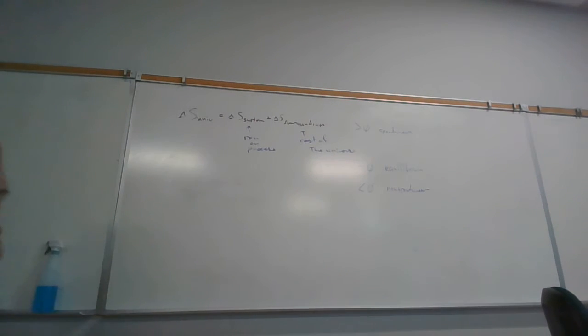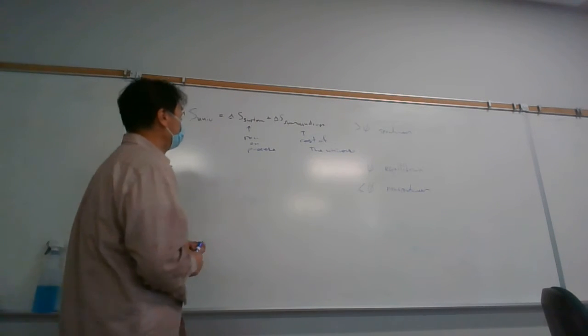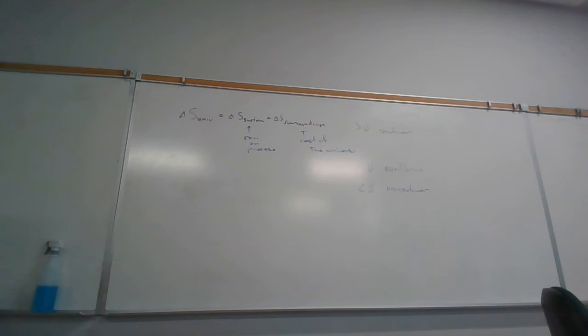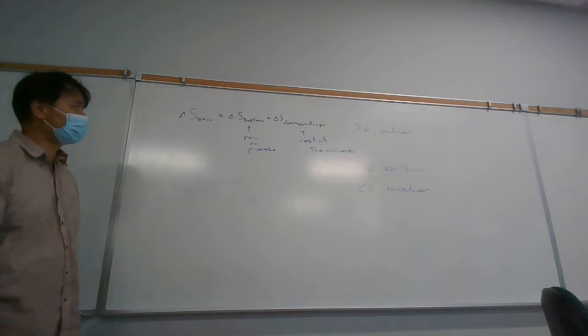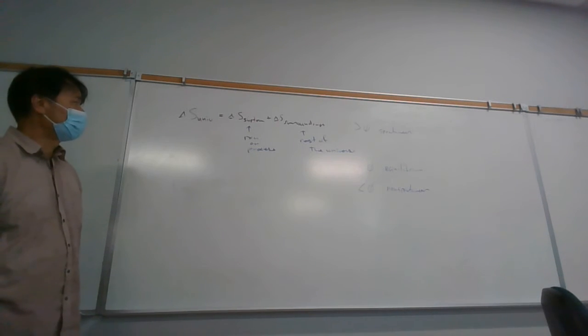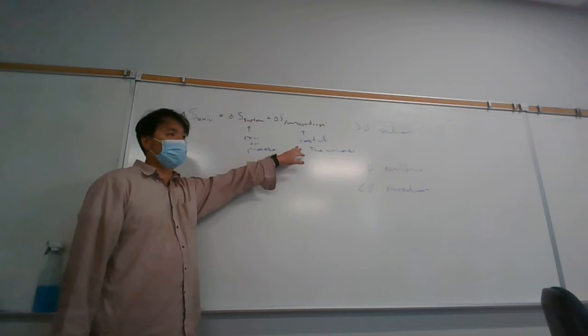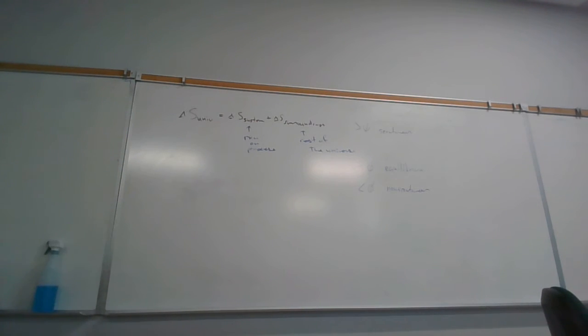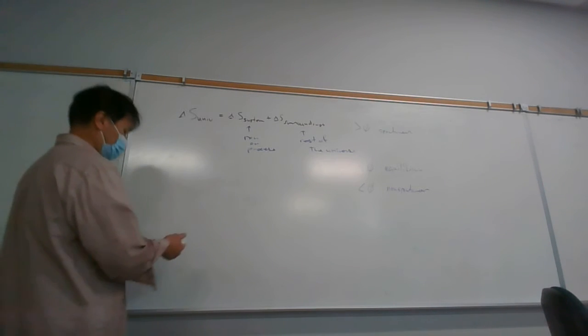Delta S of the system we can figure out, because we have Appendix D. We can look up the entropies of the final state and the initial state, and just take final minus initial. But the rest of the universe, we aren't going to be able to do that. It turns out that delta S is related to heat.